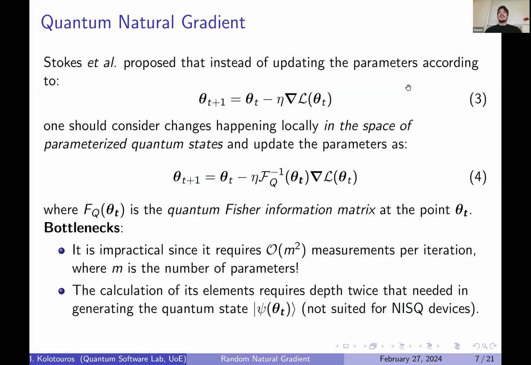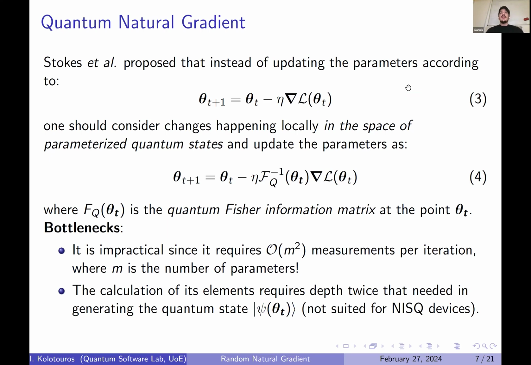Now, there is this very interesting optimization method called the quantum natural gradient. In the first equation, on the first line, we have gradient descent. Stokes and his collaborators were inspired by a method called natural gradient, which comes from the classical literature, and they said that we can actually update the parameters by considering what change is happening in the underlying quantum state.